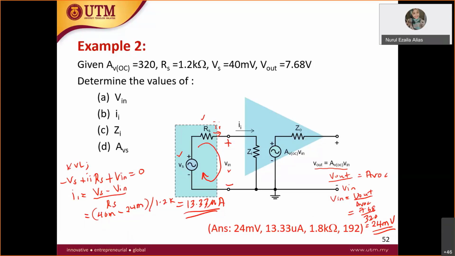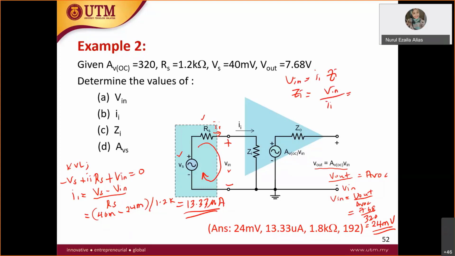Okay. So Z in. How to find Z in? Now you have your I in, which is 13.33 microampere. So Z in, you know that V in is equal to I in times Z in, because V in is the voltage across Z in. In order to get Z in, it is equal to V in over I in.